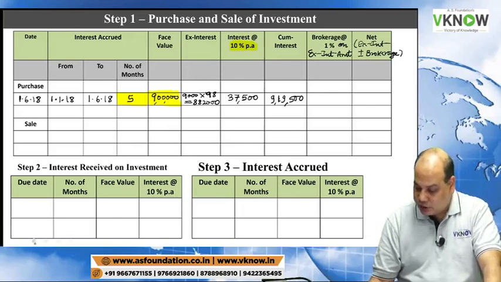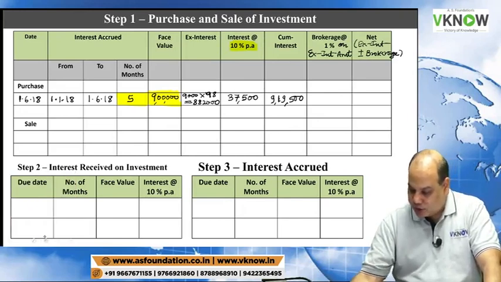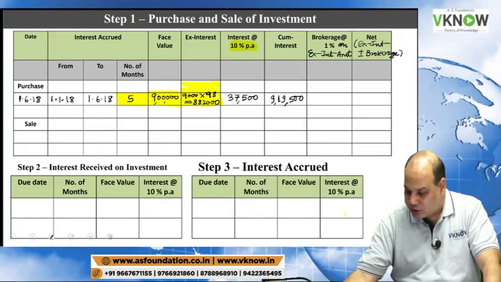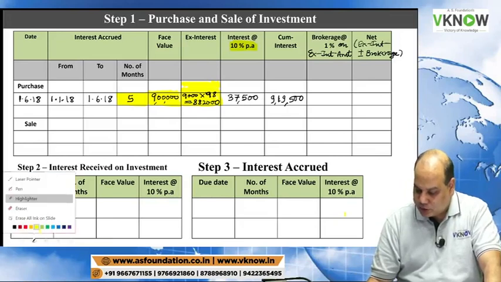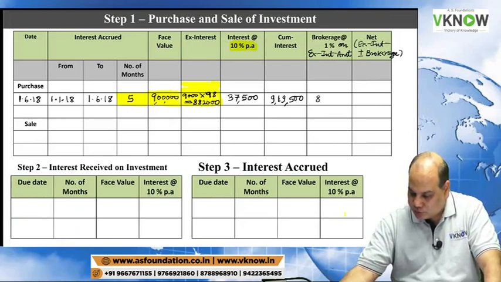Now wait a minute. You have to calculate brokerage now. Brokerage will be calculated on ex interest amount. 8,82,000 is ex interest amount into 1%. Calculation is very easy: 8,820.